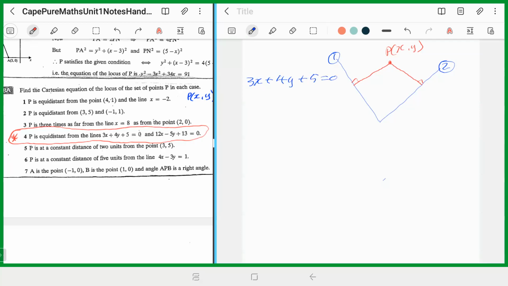And line 2 is the other one, which is 12x minus 5y plus 13 equals 0. And I don't know if you notice, you have the Pythagorean triple values here, 3, 4, 5.